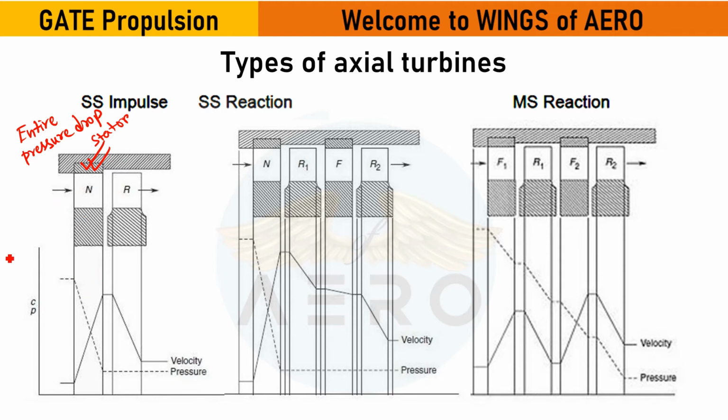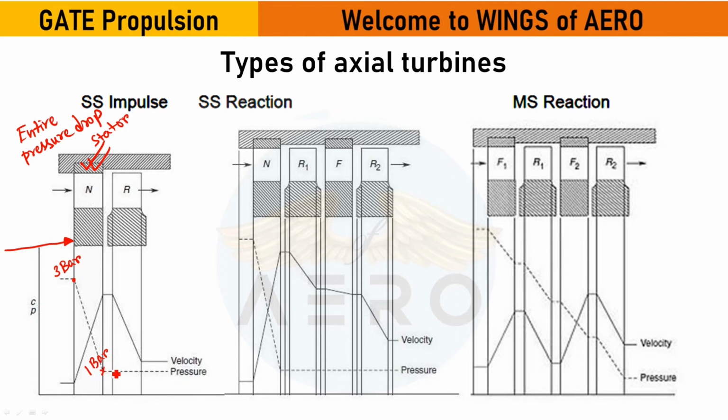As you can see, when the flow enters into the nozzle, it has some pressure at this point. From this point you can see a dotted line which shows that across the nozzle there is a loss of pressure. Suppose here we had, for example, 3 bar, and here it becomes 1 bar.